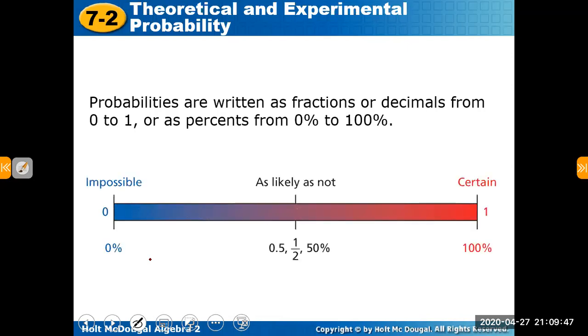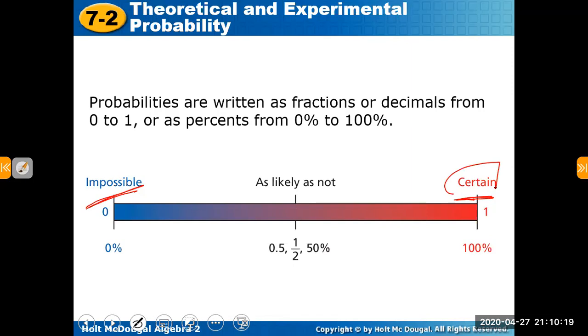Now, when the probability is 0 or 0%, that means the chance of that thing happening is impossible. So we say something is impossible when the probability is 0. And if I have the probability of an event as 1 or 100%, then we know that it's guaranteed to happen. So it is a certain situation. It's confirmed that it will happen.